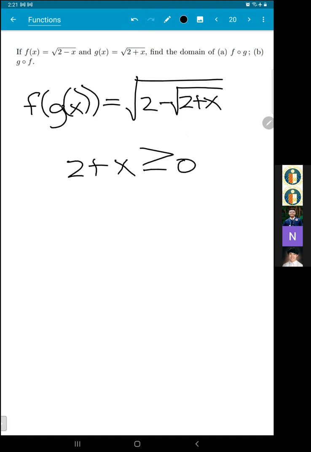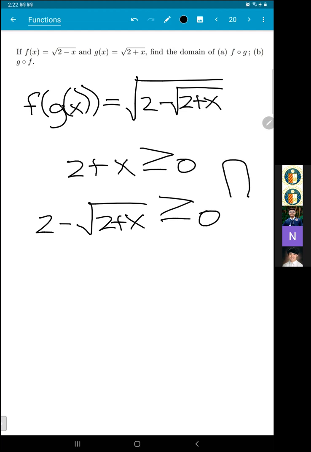Also, the expression inside the outer radical must be non-negative, which gives us the inequality 2 minus square root of 2 plus x greater than or equal to 0. And then what you have to do afterwards is solve the two inequalities and then take the intersection, since both have to be satisfied in order for the composition to be defined.